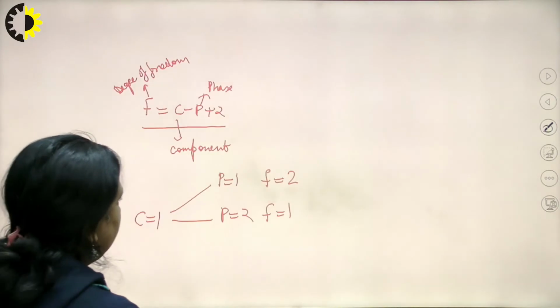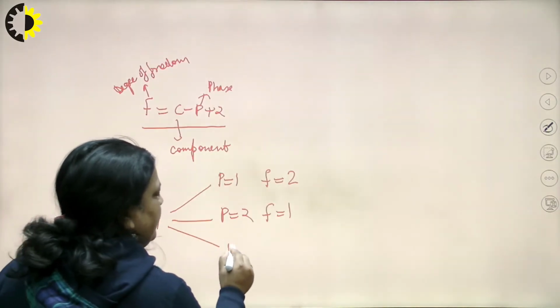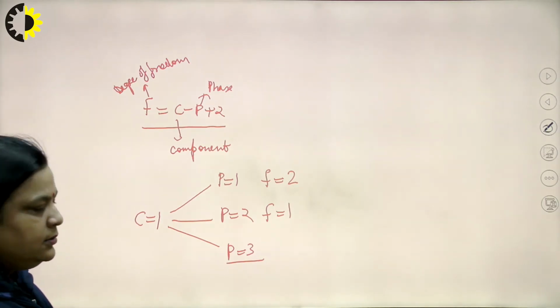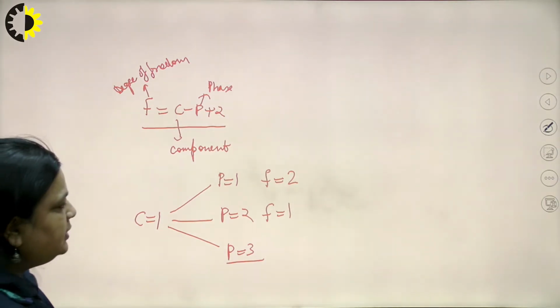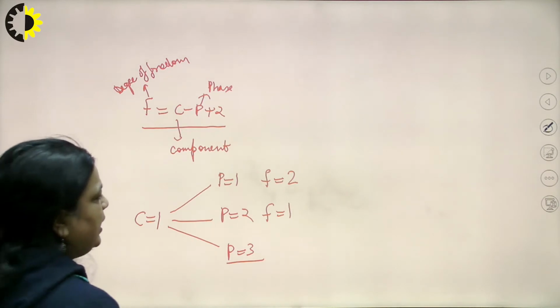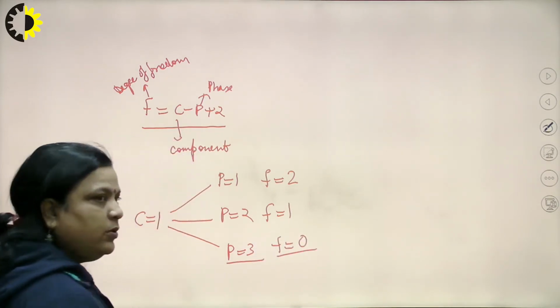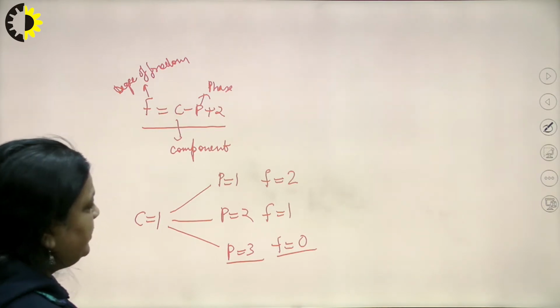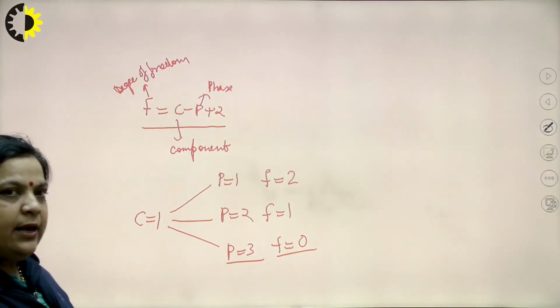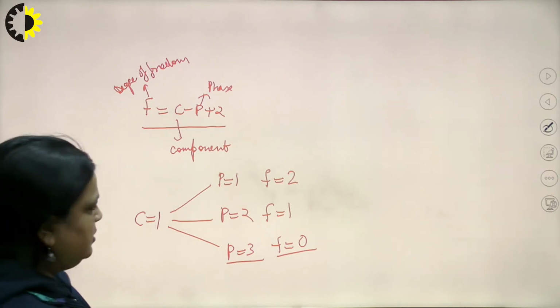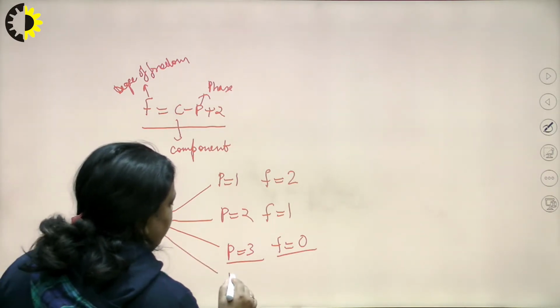Next, when P will be 3. Phase 3 means triple point, that is all three phases coexist in equilibrium. So, in this we get F is equal to 0. F equal to 0 means it is fixed, nothing is required. So, this point occurs at fixed temperature and fixed pressure. Now, suppose P is equal to 4.